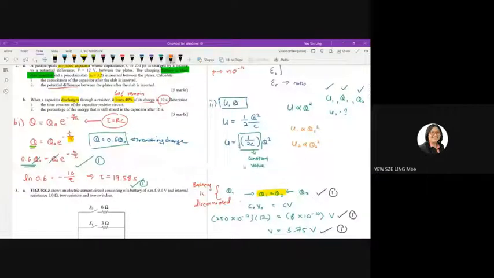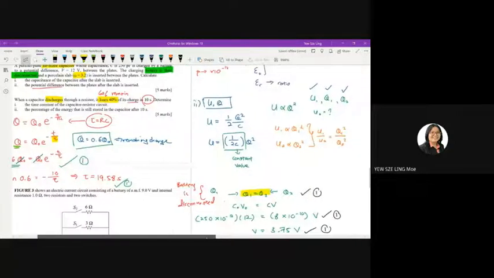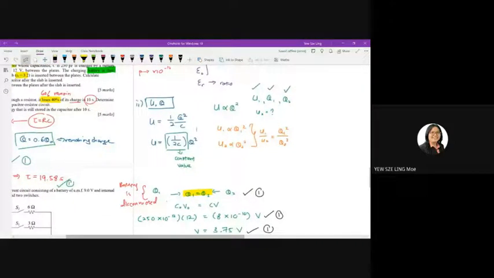So the constant right here, you can just leave it. When you have these two relationships, you can just divide them. So U1 over U2 is equal to Q1 squared over Q2 squared. So we solve these questions by using relationship.